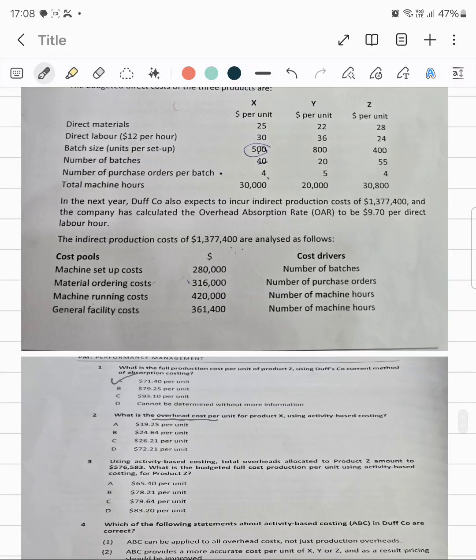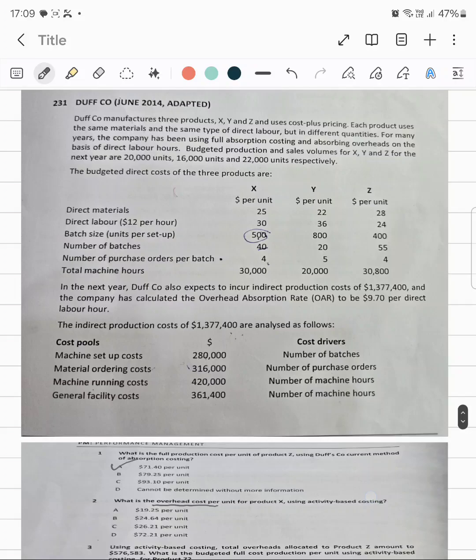Now if I need to calculate the overhead cost per unit, do we have units? No, we do not have any units over here. I've just read the question all over again, and we do not have any units. No, I am incorrect. Actually, they have given us units. The units are over here. That is what I was wondering. If they have not given us the units, then how will I be able to calculate the per unit cost?